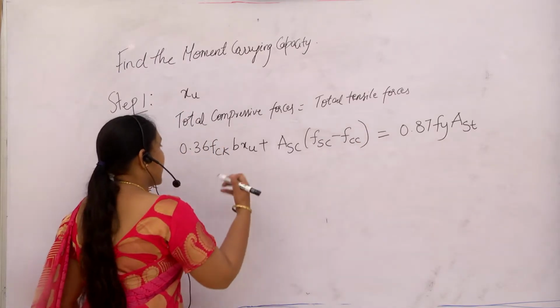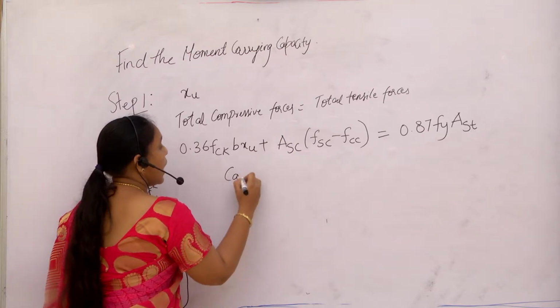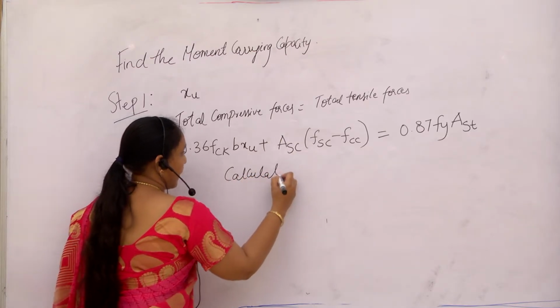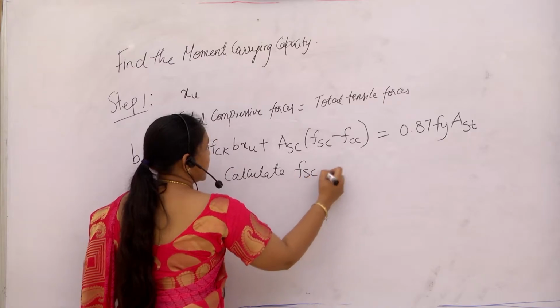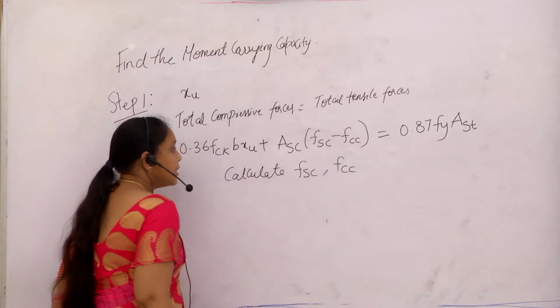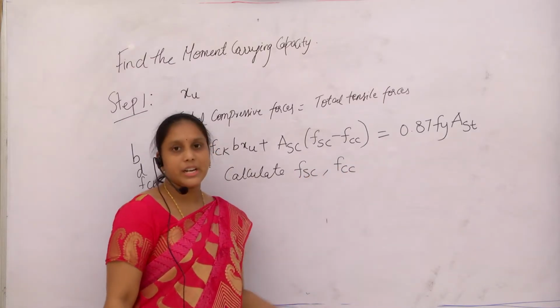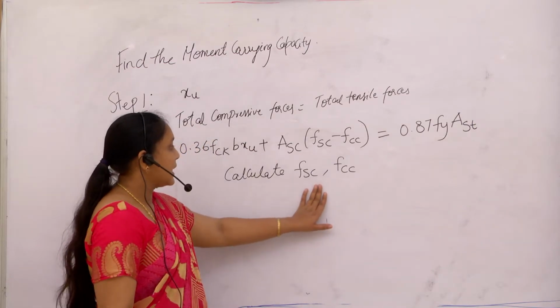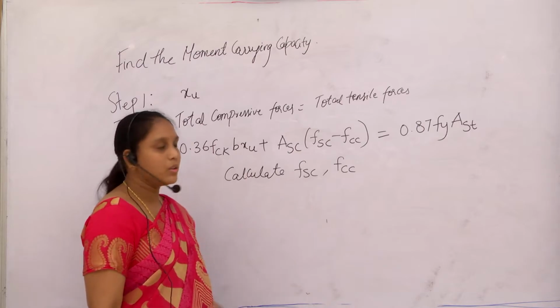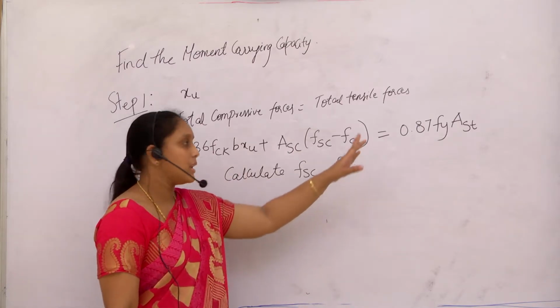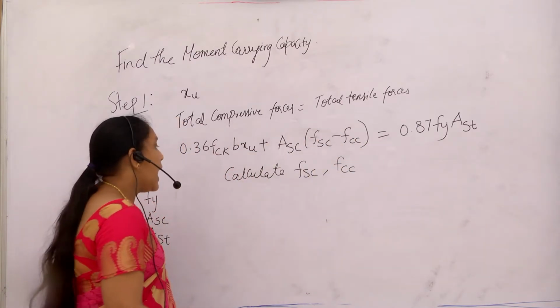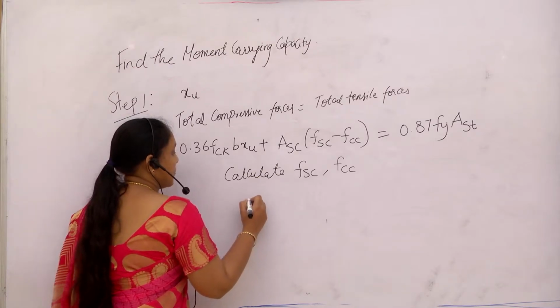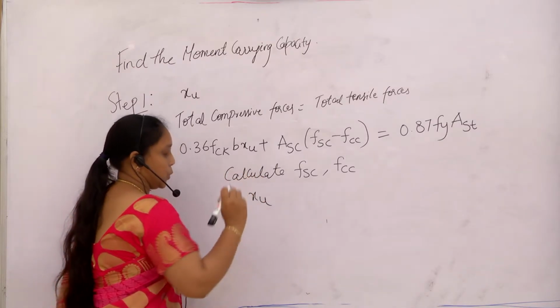So the next thing you have to do is calculate the FSC and FCC values. How to calculate them we have already discussed previously. So calculate the FSC and FCC values, substitute all the values in this particular equation, and then you will get the value of XU.